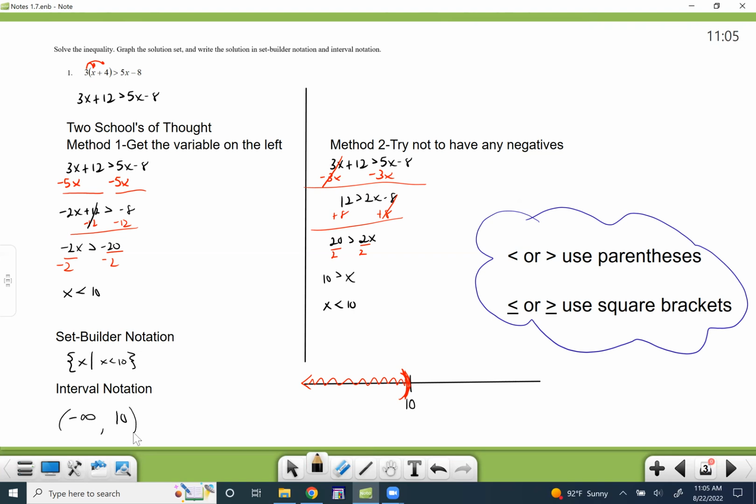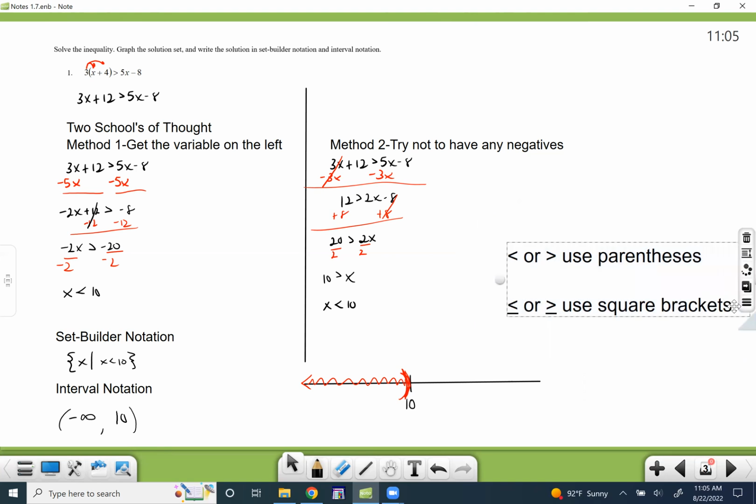Now, as for infinity, infinity or negative infinity always gets... I probably shouldn't have clouded this, you guys. Let me delete this cloud if I can. I cannot delete this cloud. Sorry, it's weird. This program at home versus on my smart board at school behaves differently. All right, let me go back to this. Is it going to let me into this, you guys?